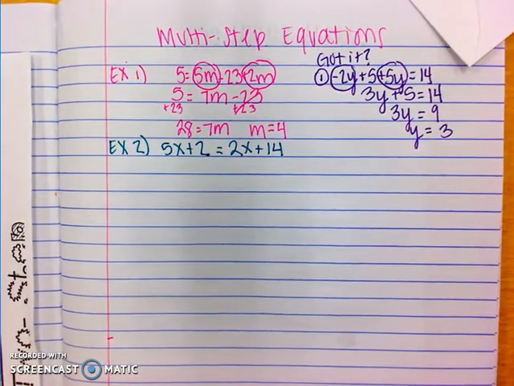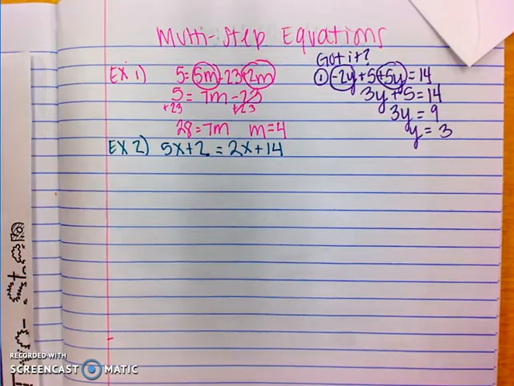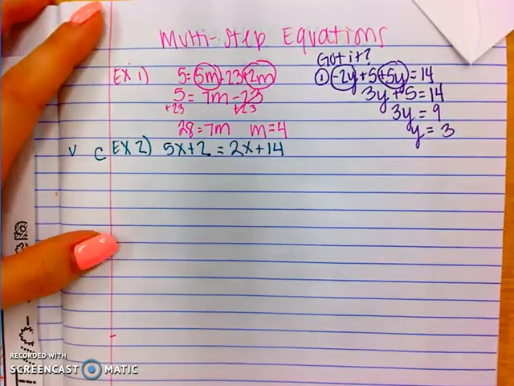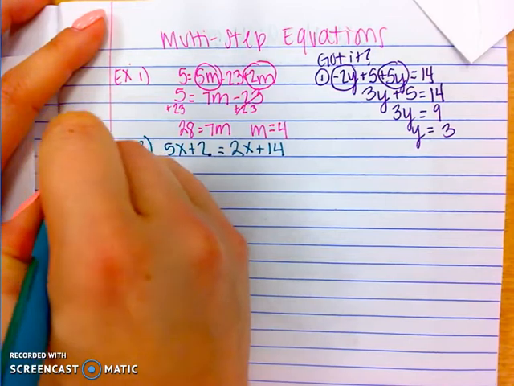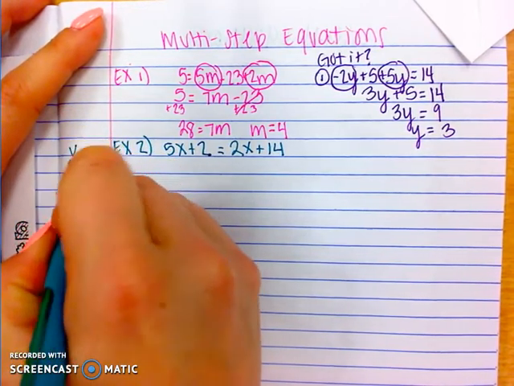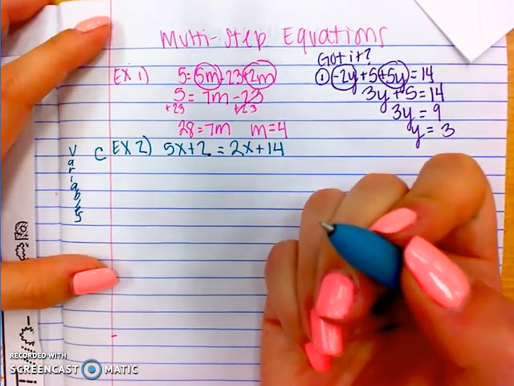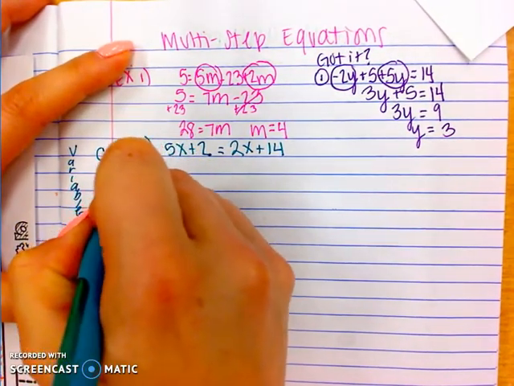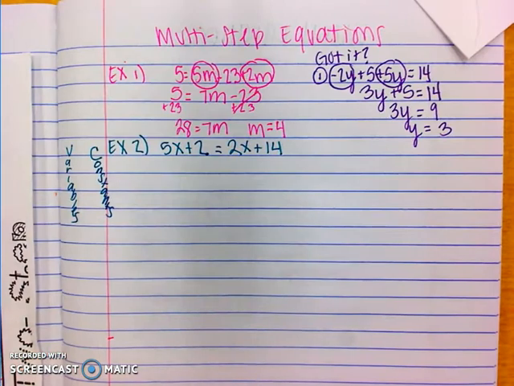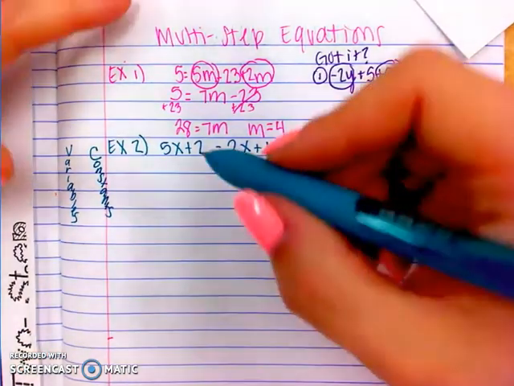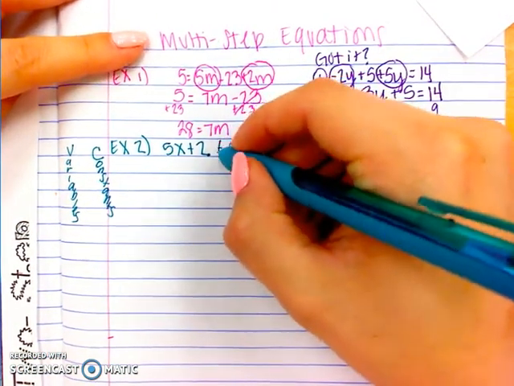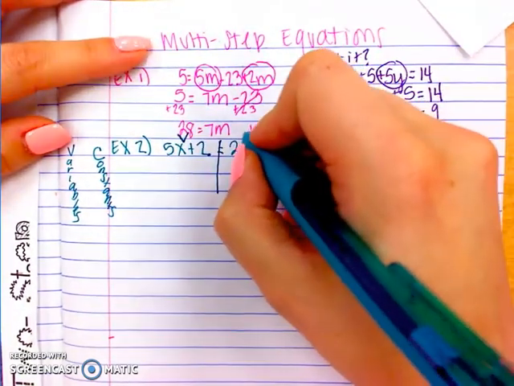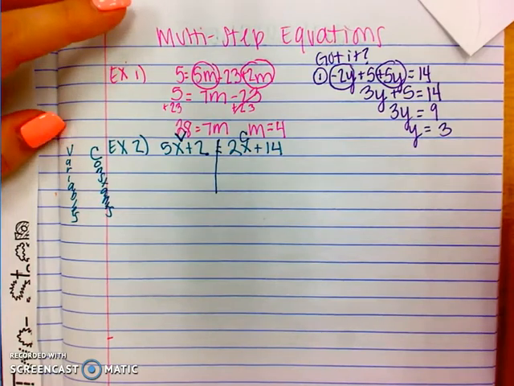Now what I always tell my students to do is VC, meaning variables on one side, typically on the left, and constants on the other side of the equation, and it goes something like this. I'm going to draw a fence and put my V on top of the left and my C on top of the right.